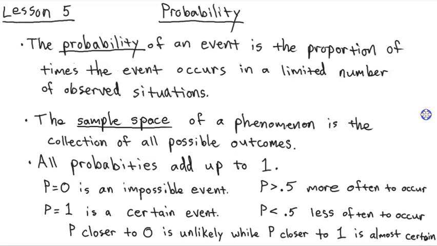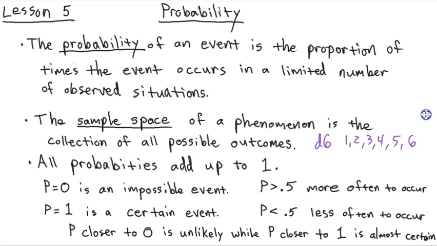All phenomena have a sample space of all the possible outcomes. So the sample space of a phenomenon is the collection of all possible outcomes. For example, if you were to roll a die that has 6 sides, let's say they are numbered 1, 2, 3, 4, 5, and 6.